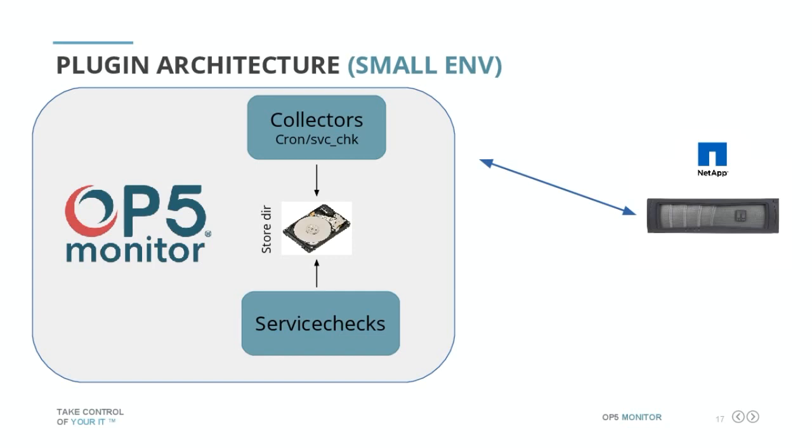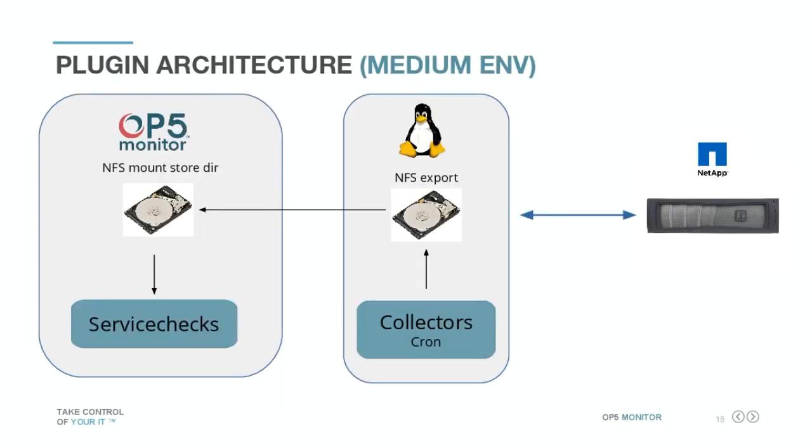That's for a small environment. For a medium environment, where you have 10 or more filers, you can put, for example, one Linux box with the collectors there, share your NFS store dir, and OP5 uses that as a source for the data.